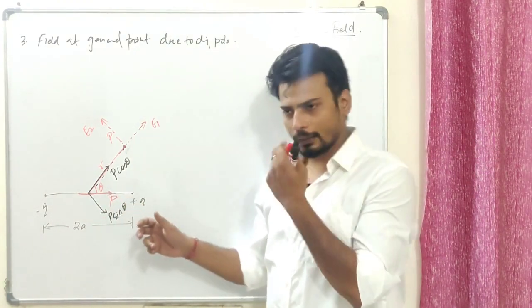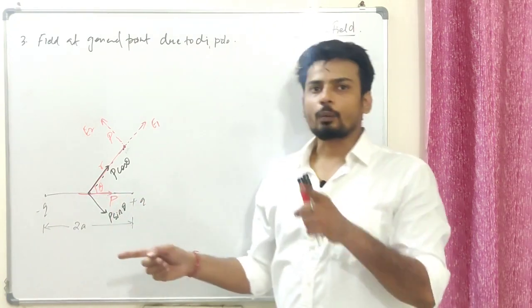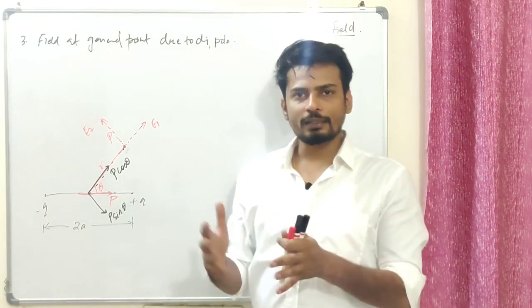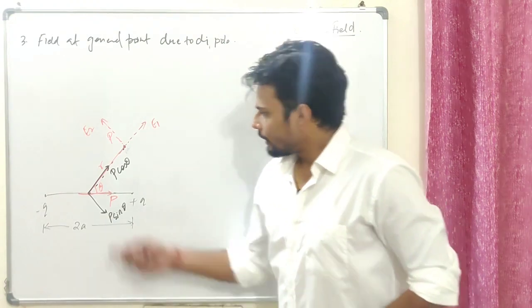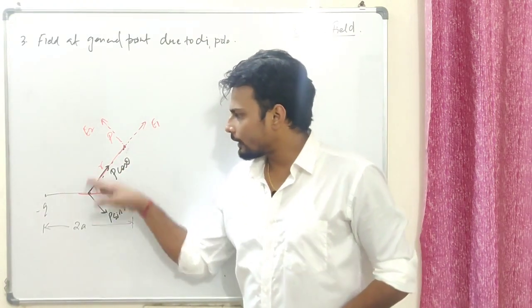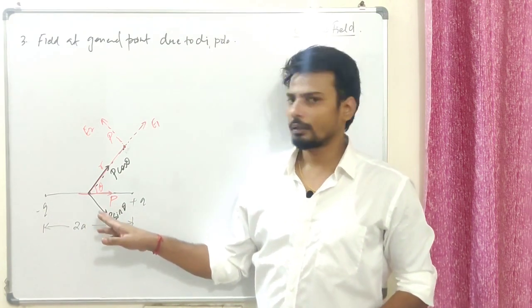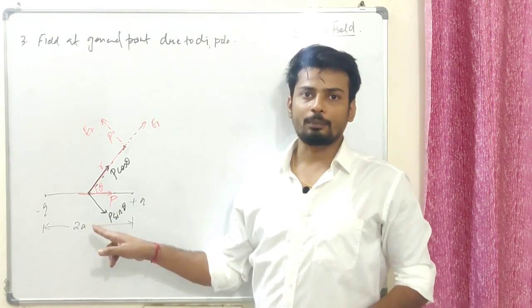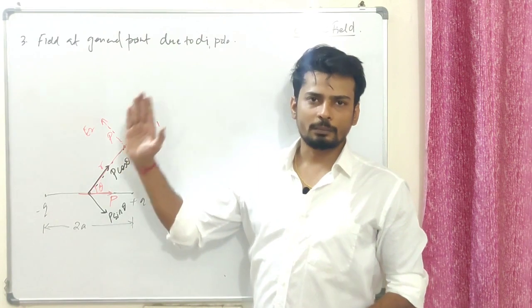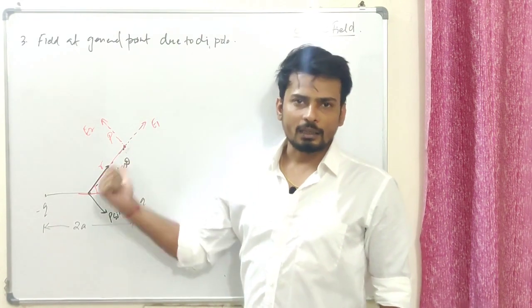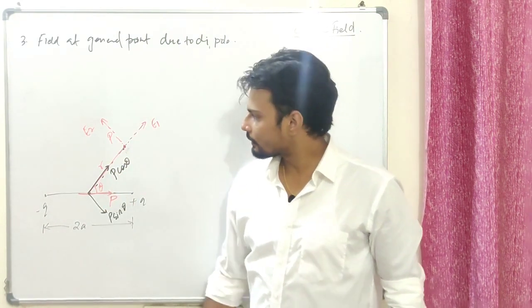Understand this properly, guys: the dipole moment is a vector quantity, so I can resolve it into its rectangular components. I resolved it along the line and perpendicular to the line because I know how to find the field due to a dipole on the axis and on the perpendicular bisector. We have already seen that in the previous two proofs.